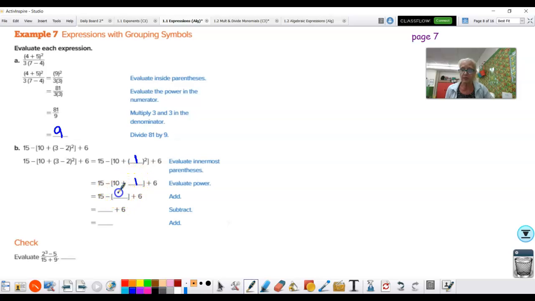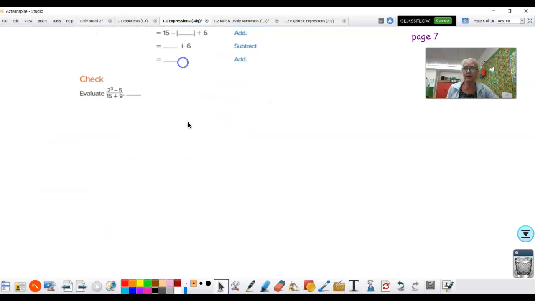And then 10 plus 1 is 11. And then all you have left then is addition and subtraction. So 15 minus 11 is 4. And 4 plus 6 is 10. Okay. Very straightforward. Not too terribly complicated. And then we have the check down here.